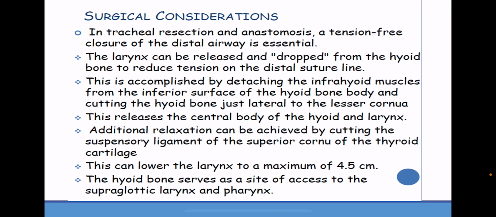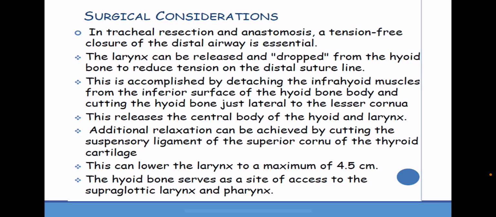And here we have a surgical consideration. In tracheal resection and anastomosis, a tension-free closure of the distal airway is essential. The larynx can be released and dropped from the hyoid bone to reduce tension on the distal suture line. This is accomplished by detaching the infrahyoid muscles from the inferior surface of the hyoid bone body and cutting the hyoid bone just lateral to the lesser horn.